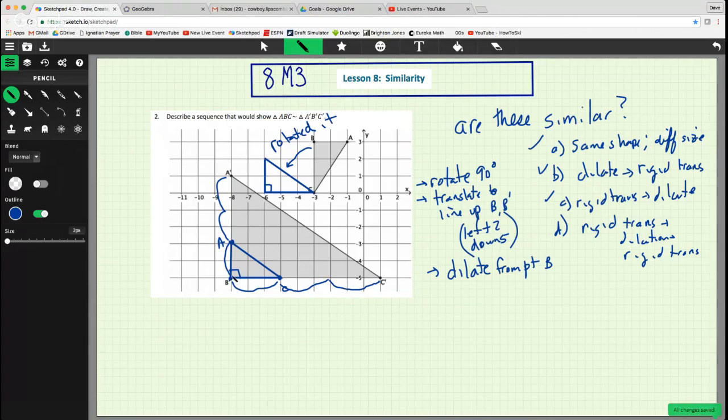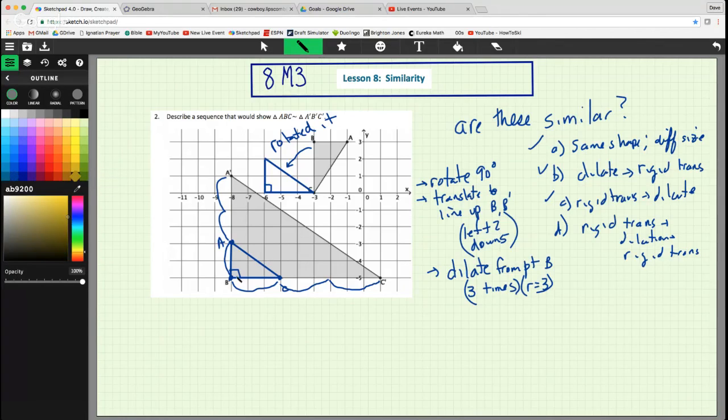Now, if we dilate a point about itself, it just stays still, if you can recall that from an earlier lecture. So if we look at how far everything is from B, we're just going to dilate 3 times. R equals 3.